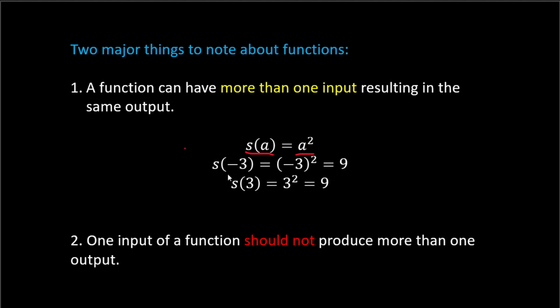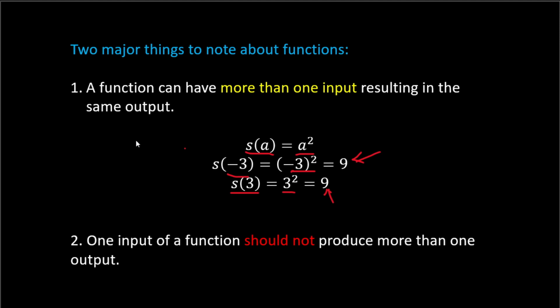If I give this function a -3, it squares -3 and produces a 9 as the output. If I give this same function a 3, it squares that 3 and produces the same result, 9, as the output. So for this reason, it is important for us to know that a function can have more than one of its inputs evaluating to the same output.